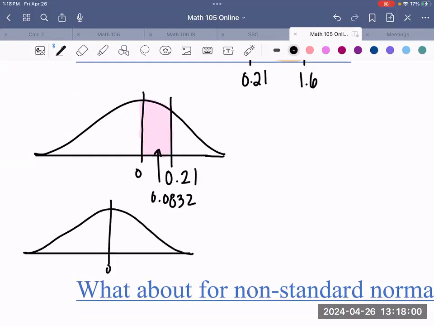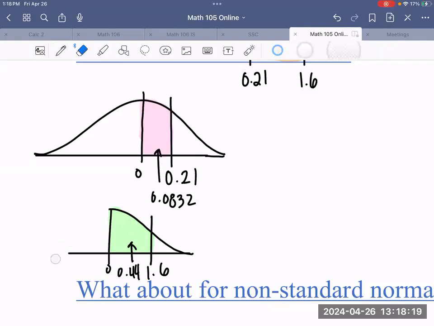Not the best looking graph, but oh well, 1.6. So if we were to do it again, right here, this gives us 0.4452. Why did I make it so squishy? Let me try that one more time.